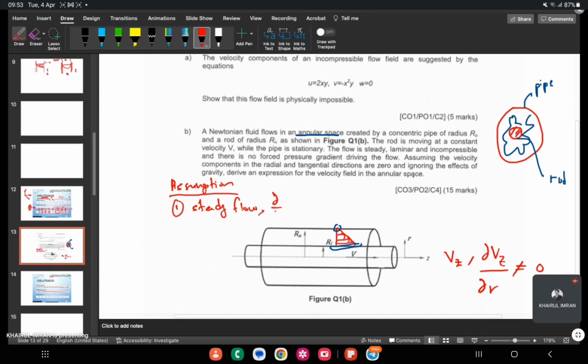So it means del over del t equals to 0. Number 2, Vz only. So it means no flow in R direction. Number 3, no flow in theta direction. Number 4, fully developed.